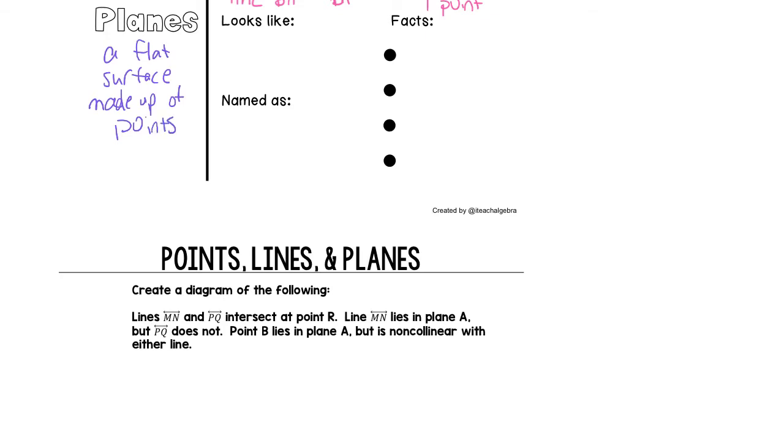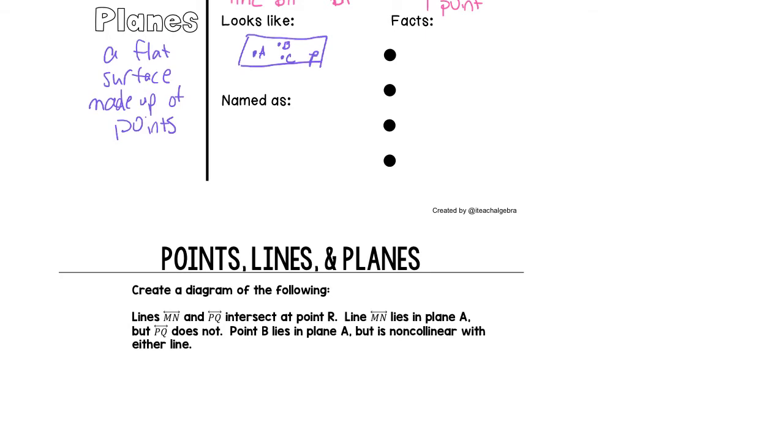I like to think of it like a sheet of paper. We can draw it kind of like a parallelogram here. And it's going to have 3 or more points in it. Or it could have a label.